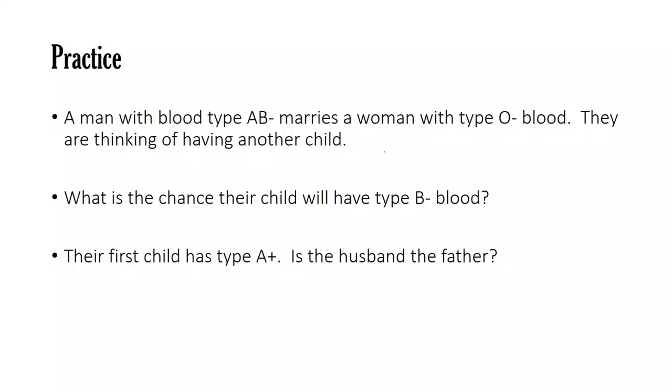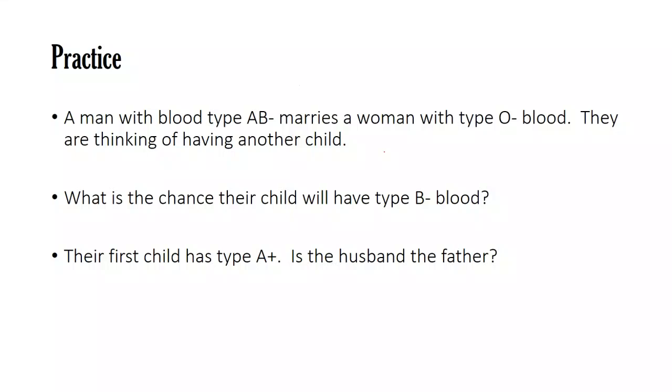Okay, so we're going to do a little practice with this. You have a couple of practice problems for blood type in your packet. You also have a couple of additional problems that link together and look at Tay-Sachs and sickle cell anemia, and then I have a really good challenge problem in your packet.